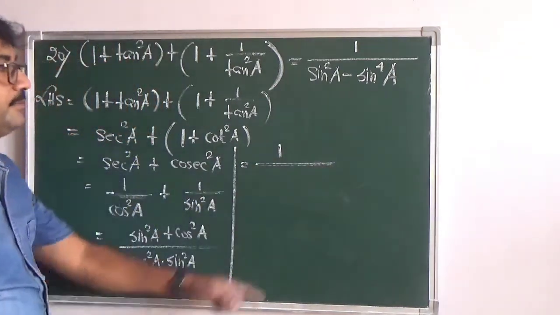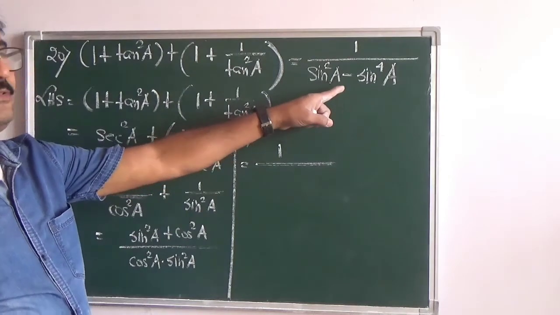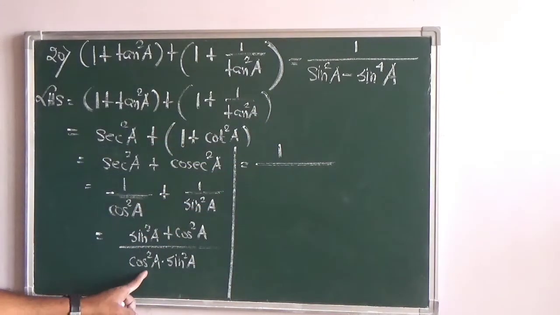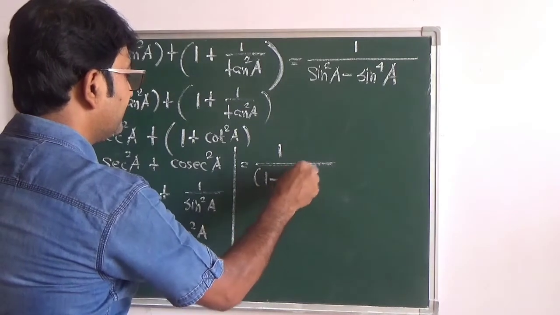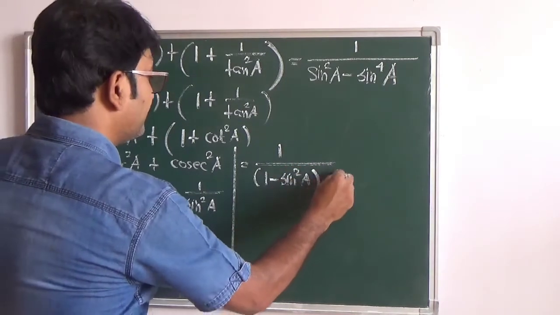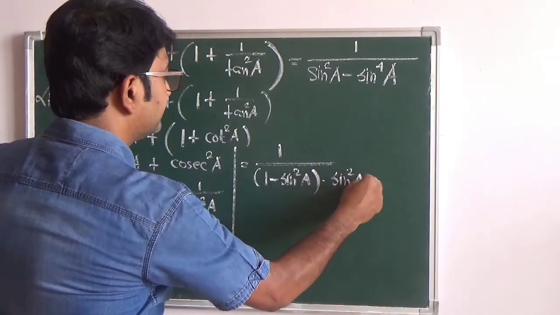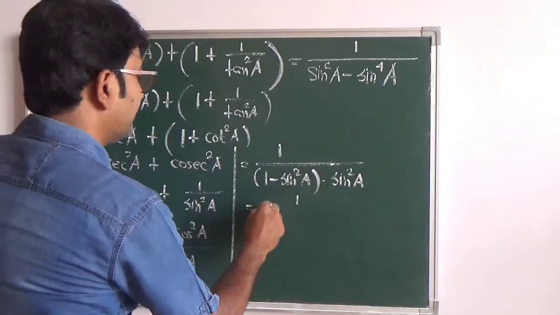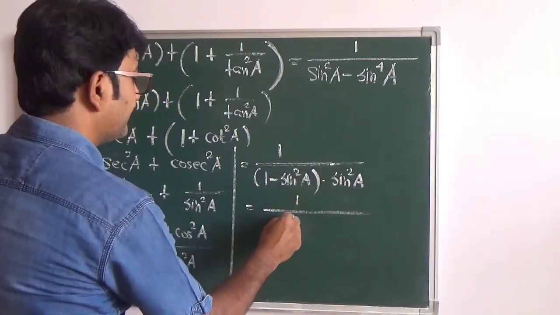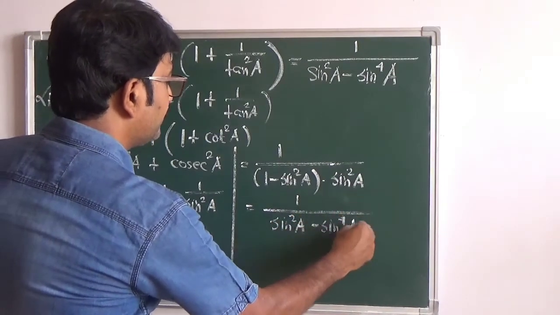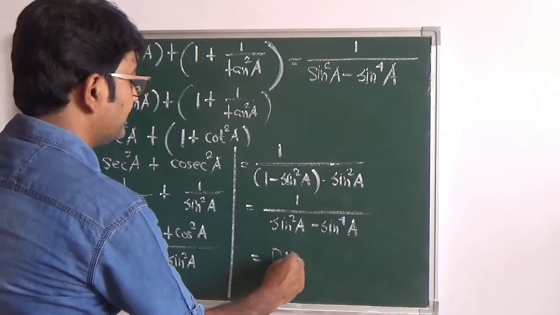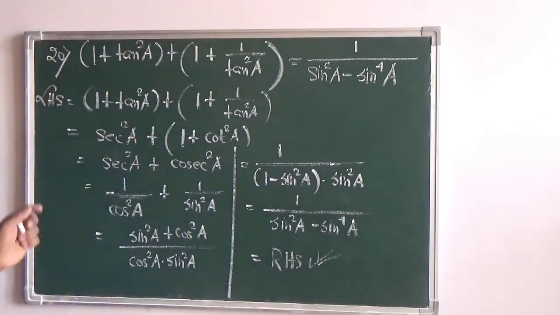And since we have no cos appearing in the final result, we have to change cos square A in terms of sine. So we can write 1 minus sine square A into sine square A. So this will give us sine square A minus sine to the power 4A, and I think this is the value which is on the right hand side.